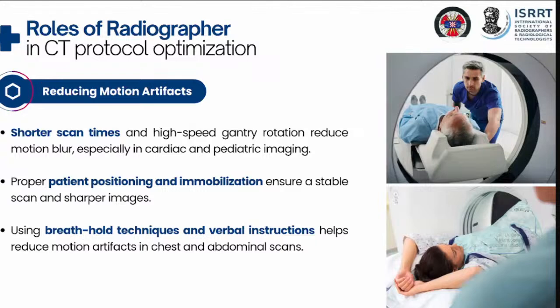And then proper patient positioning and immobilization, so ensure a stable scan and sharper images. So we need to ensure we use all these immobilization devices. I know that when you buy the machine, everything is provided.